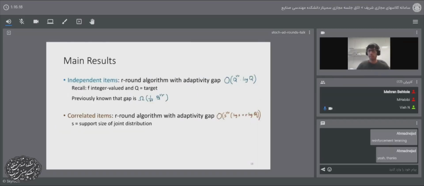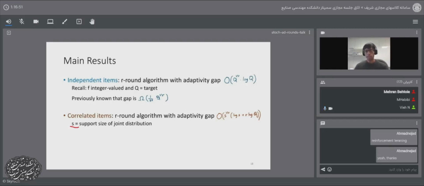When we consider the setting of correlated items, we again obtain an R-round algorithm that has approximation ratio s to the 1 over r times some logarithmic terms, where s is the support size of the joint distribution. So remember that in the correlated case, we will have a joint distribution that says what is the probability that some joint outcome on each of those items can instantiate.